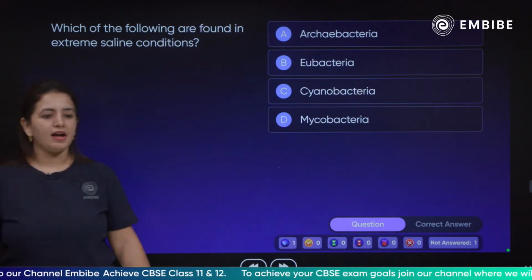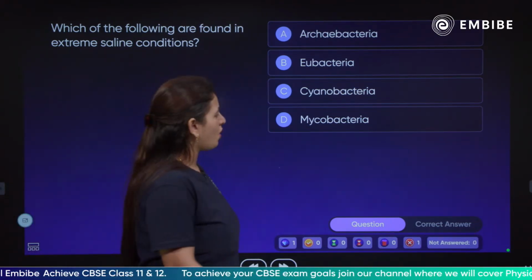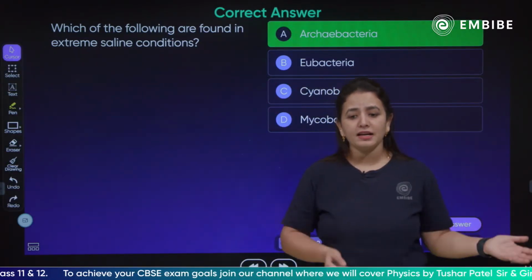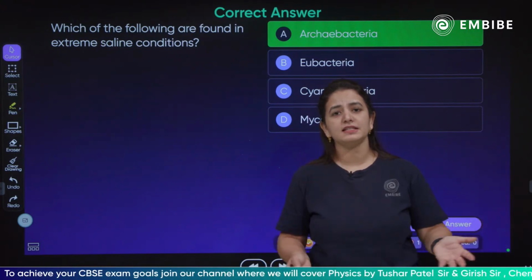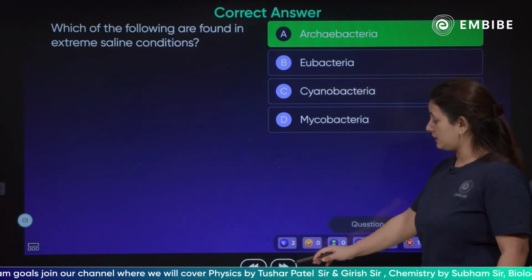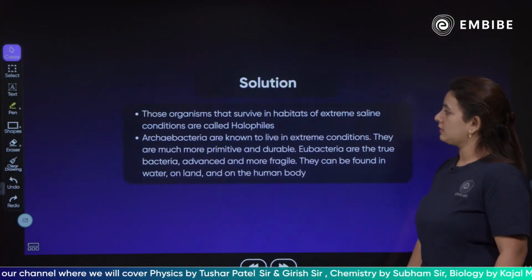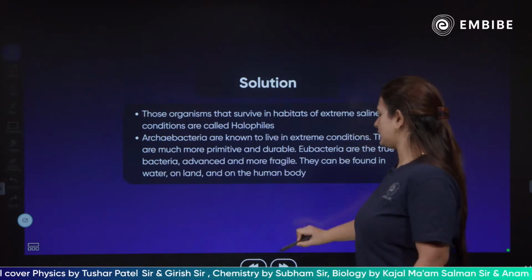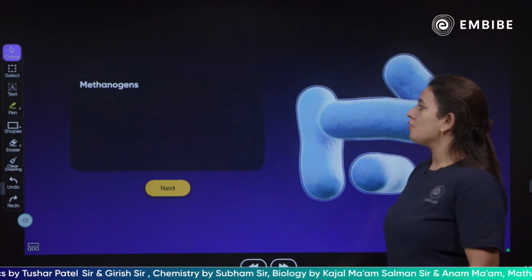Just put in some common sense, it is very easy. Of course, the answer is Archaebacteria. Halophiles are a part of Archaebacteria only. That is why they can survive in extremely saline conditions, because they are ancient bacteria. Those organisms that survive in extremely saline conditions are known as halophiles.